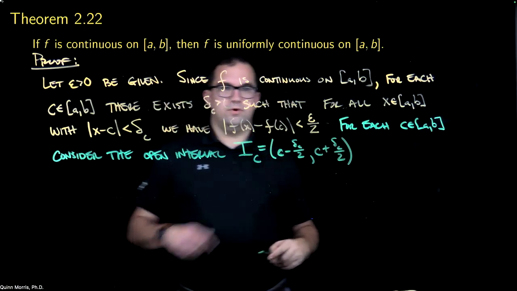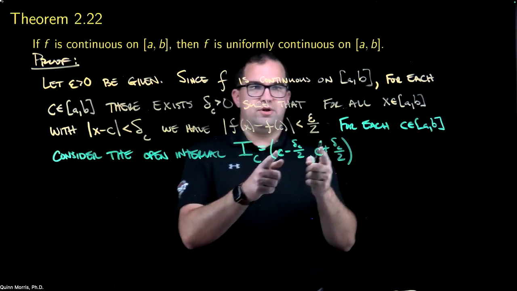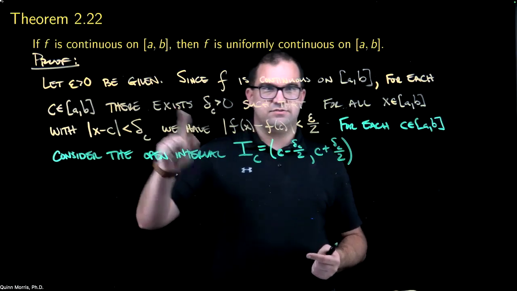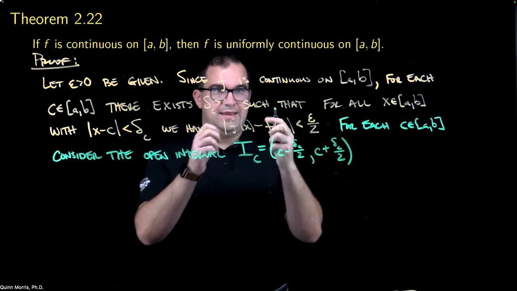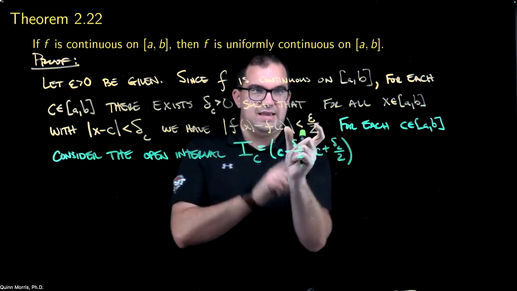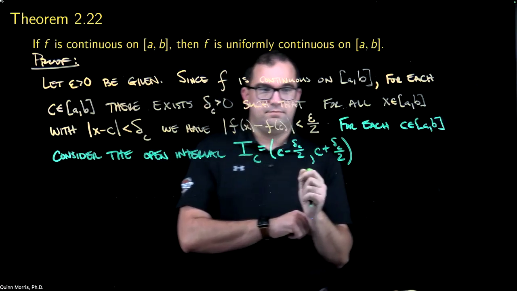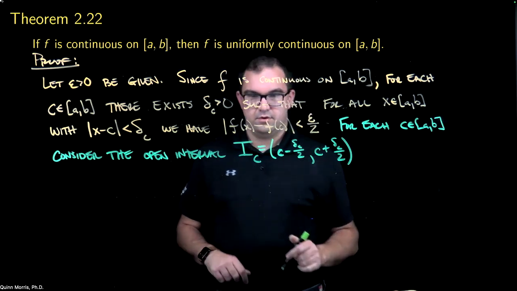So at each point C, I'm going to create a little interval. Now notice I'm not allowing myself to go the full delta C distance from C. I'm only going half that distance. At each point C, I'm going to put a little interval of width delta C. So in each direction I can go delta C over 2.